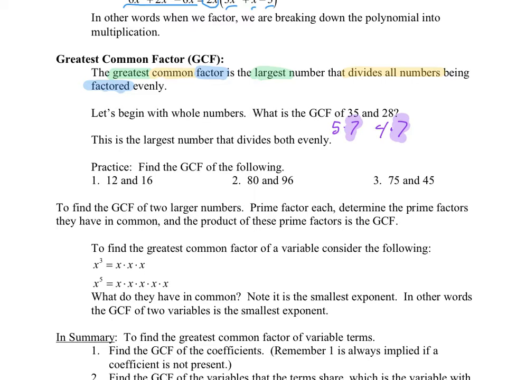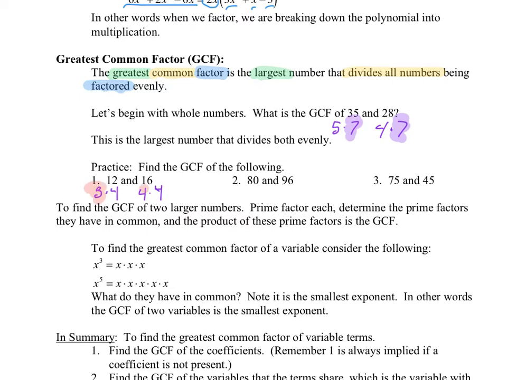Okay, so we have 12 and 16. Well, let's see. 12 is 3 times 4, and 16 is 4 times 4. So our greatest common factor is 4. I can't get anything else out of the 3 and the... Sorry, let me do some highlighting so you can see what I'm talking about.